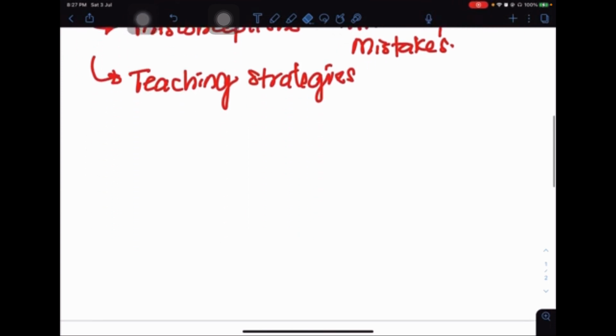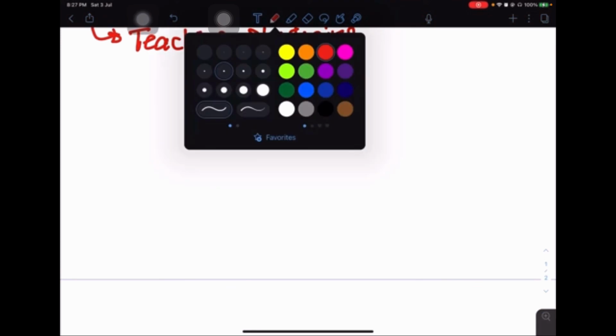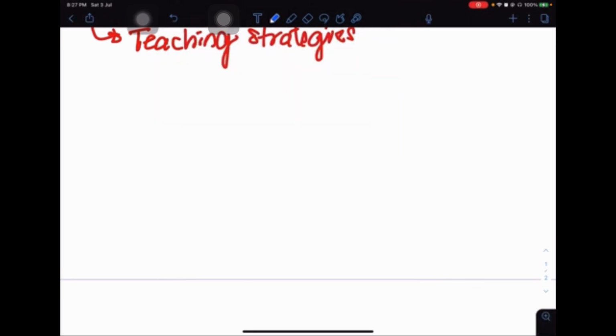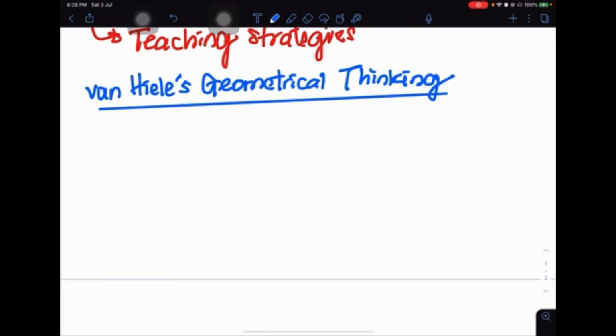Now, when we talk about Van Hiele, let's have a look at Van Hiele for a bit. Van Hiele's geometrical thinking is especially for geometry.